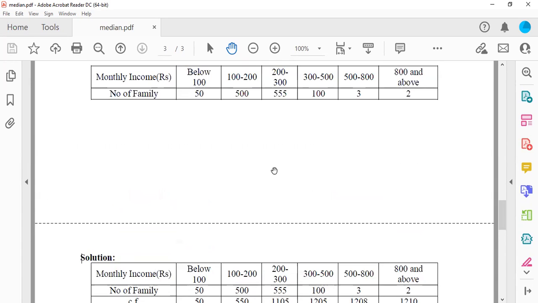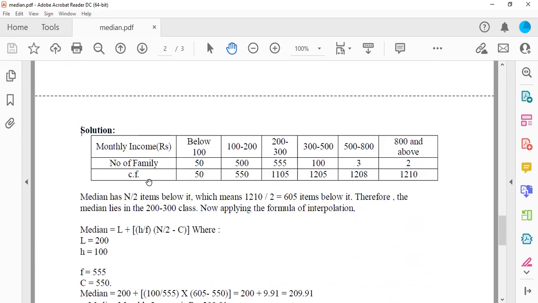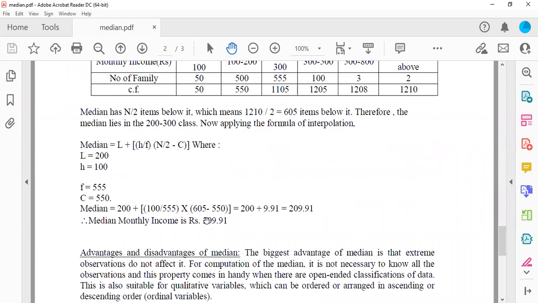So 1210 is the total number of families whose monthly income is calculated in this particular example, and within 1210 families, 50% of families have income less than 209.91. 50% families means 605.